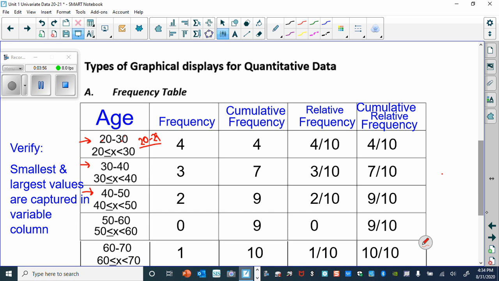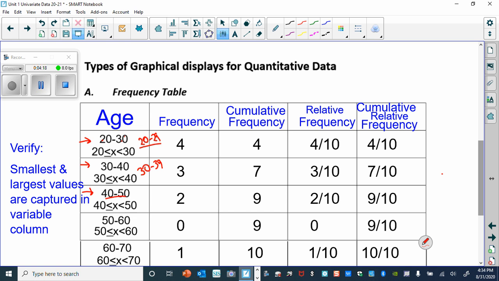There were 4 people. And if we repeated that, and so this is the frequency, this is how many times in those 10 people we saw people who were 20 to 30. And if we did between 30 and 40, again, basically 30 to 39, we would see that there are 3 people there. And between 40 and 50, there are 2 people.